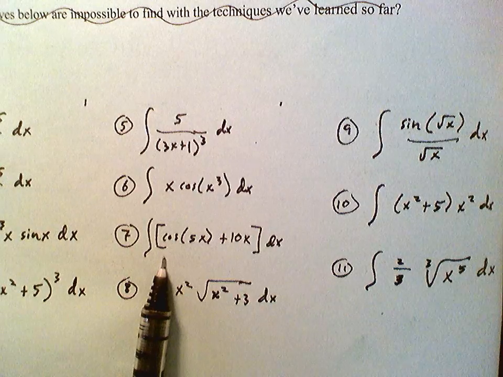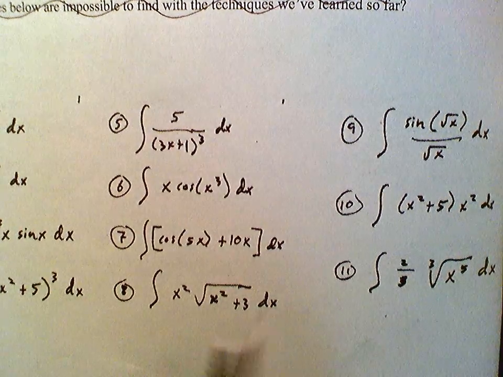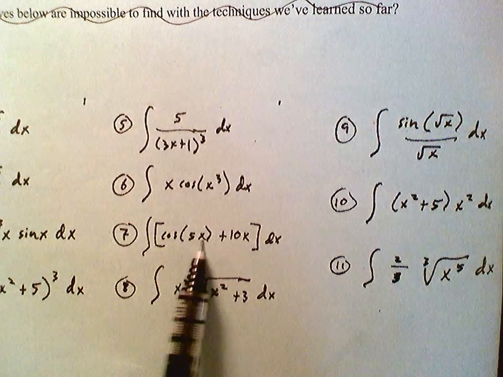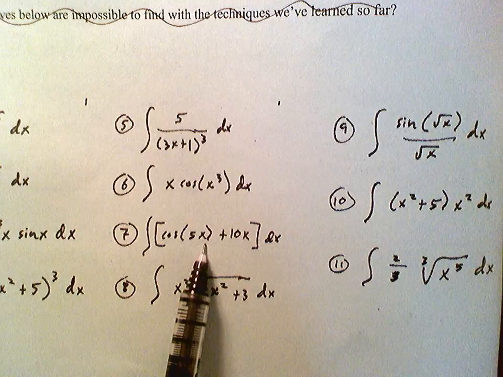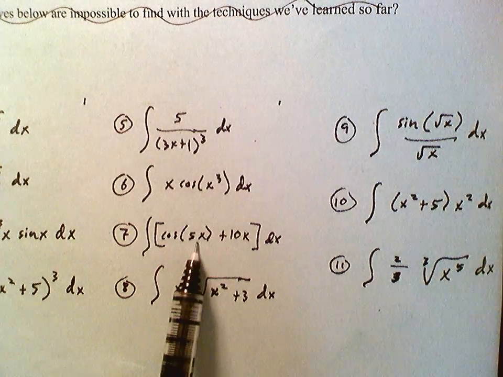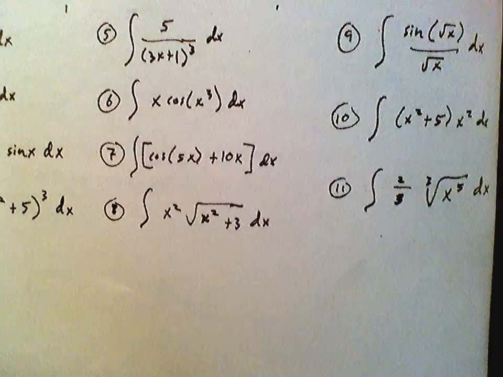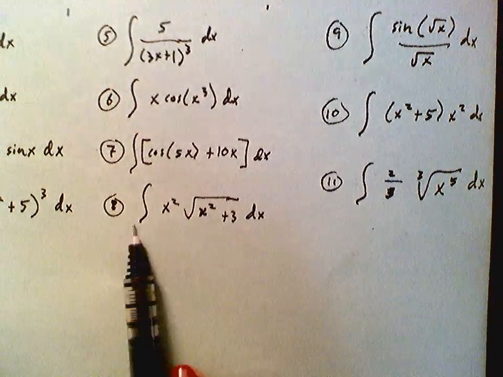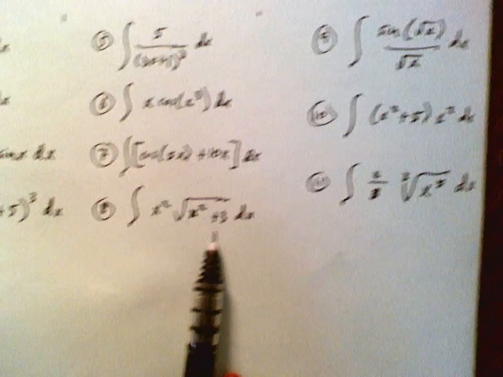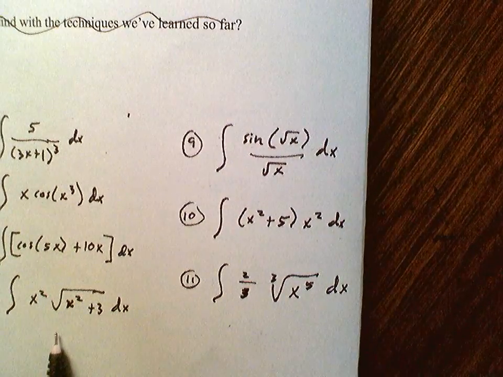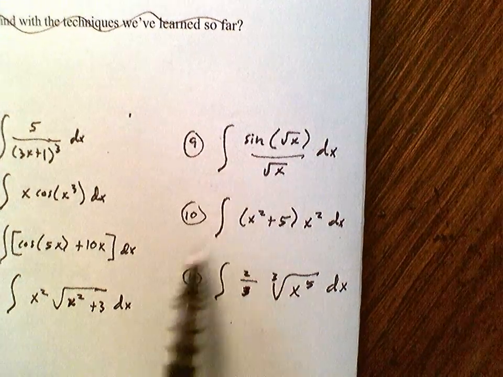This one here, if this was just an x inside here and not a 5x, then we would not need U substitution, but because this is a 5x, we can't do it without U substitution. This one also, we would need some technique, maybe U substitution, maybe not. Same with 9, can't use power rule, don't know the antiderivative of this.